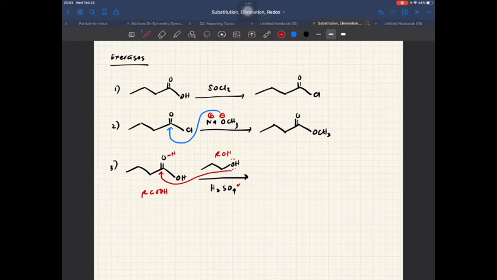So this carbonyl position is activated by your acid, and finally producing the final product. So this OH will be replaced by your alcohol, it will be replaced by this to form the final product. Okay, so this is the product formed by the Fischer esterification in this case. Alright, so these are some exercises on nucleophilic acyl substitution reactions.